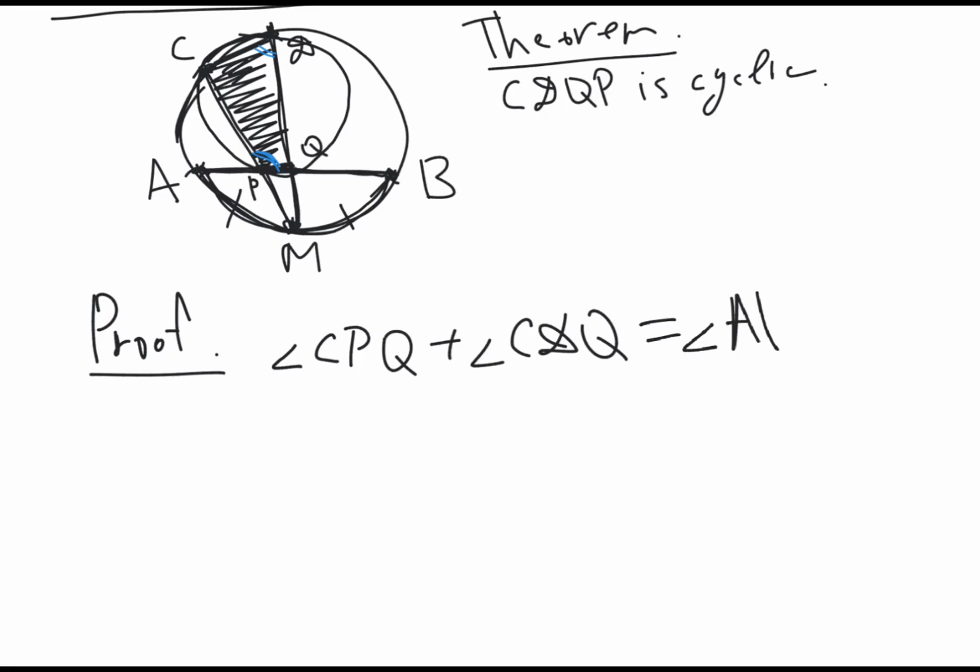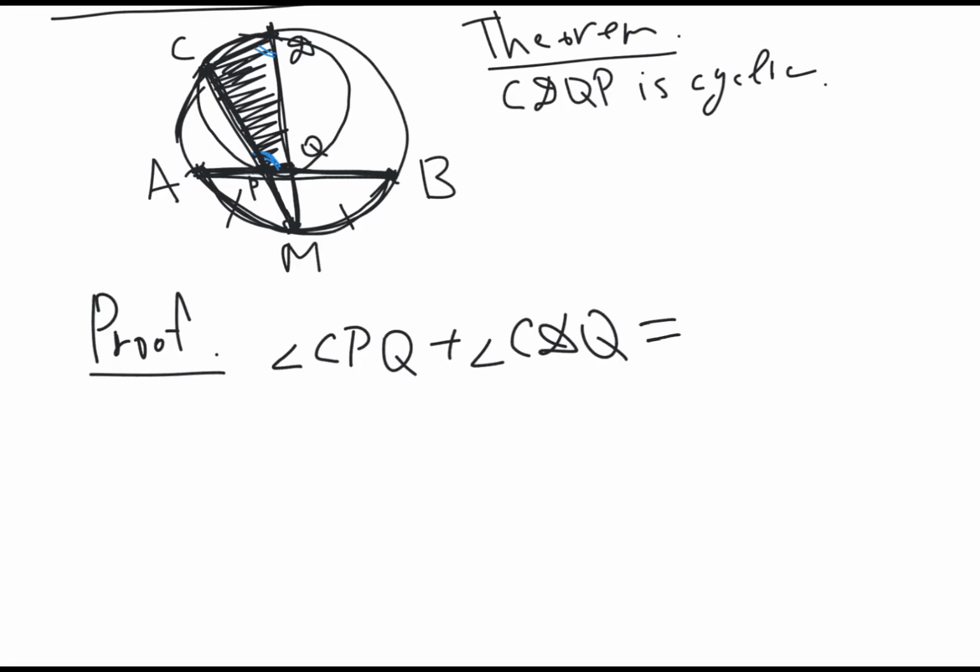So the angle CPQ is the angle between 2 chords, CM and AB, right?